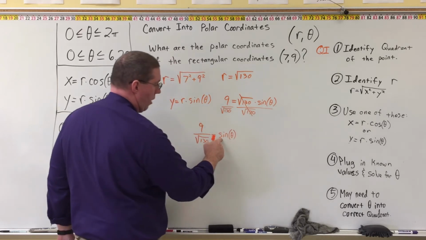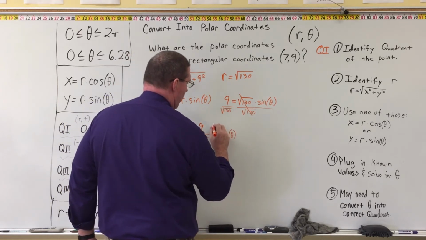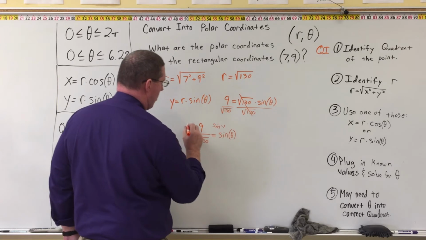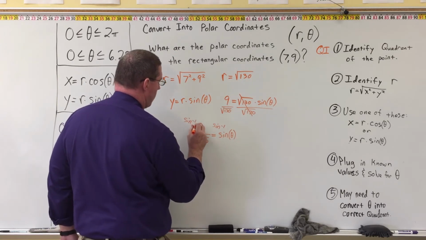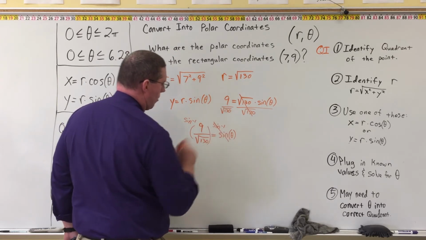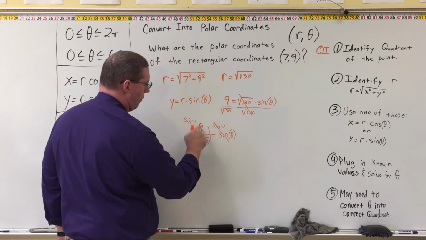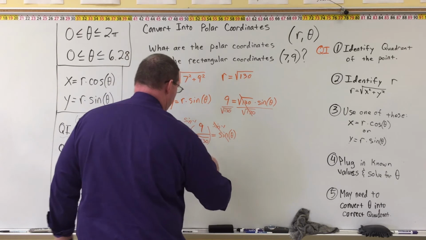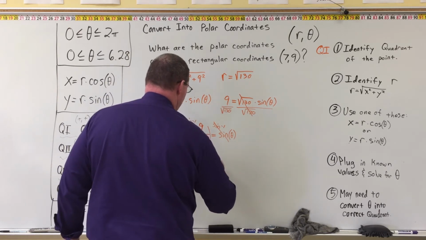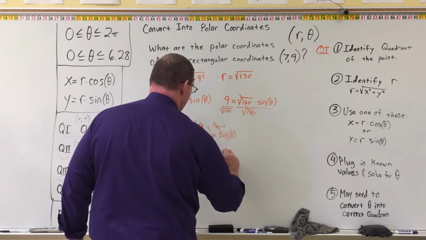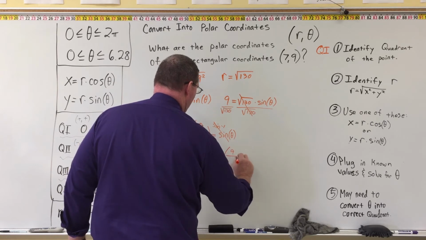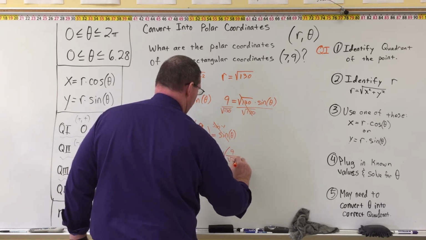To cancel the sine and solve for theta, I need to do sine inverse to both sides. Theta is equal to sine inverse of 9 over the square root of 130.